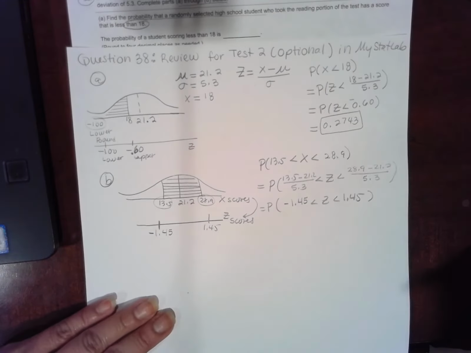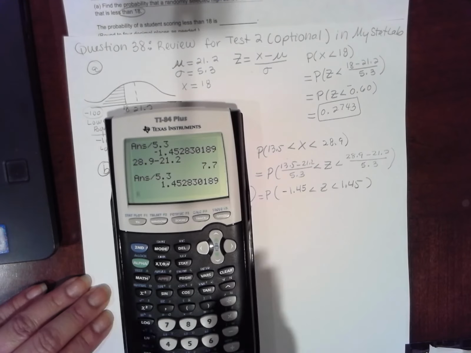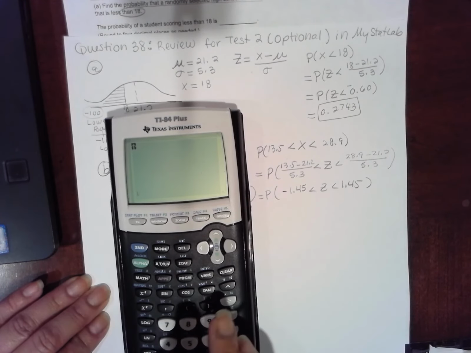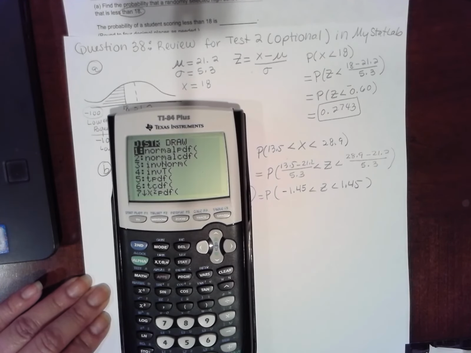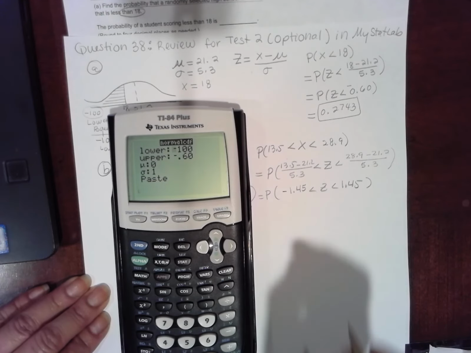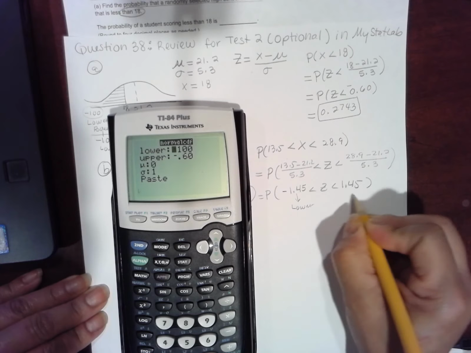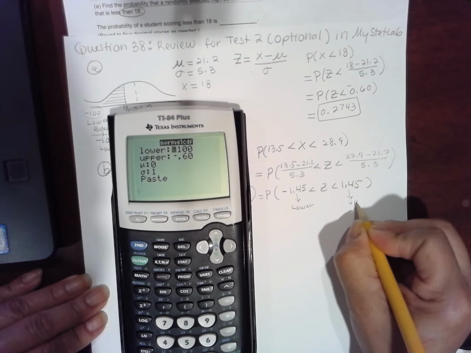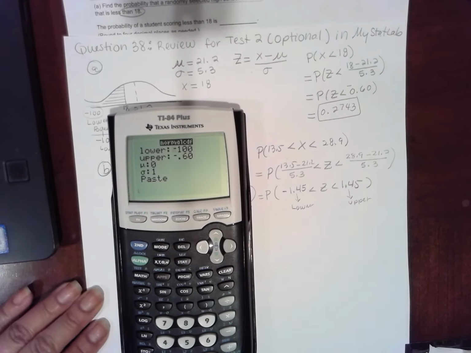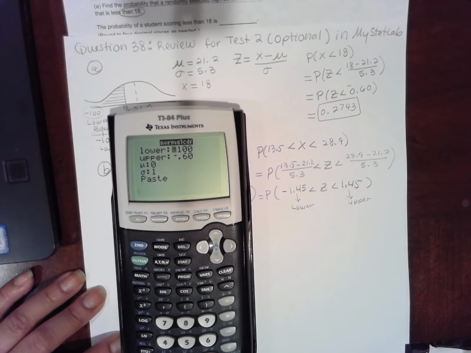So in your calculator, we're going to go second vars, option 2. And this right here is going to be considered your lower. And this right here is going to be considered your upper. So we're going to enter negative, the negative in parentheses, 1.45. Enter.